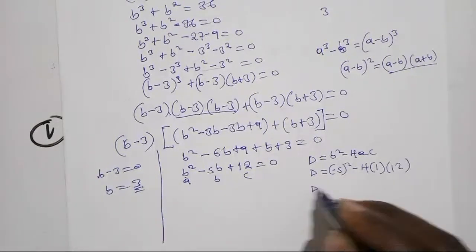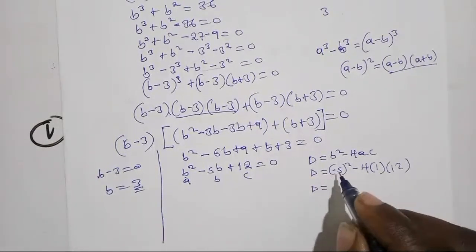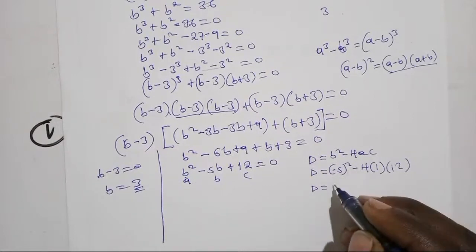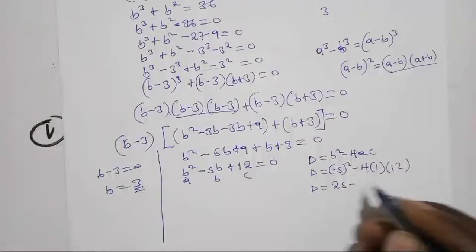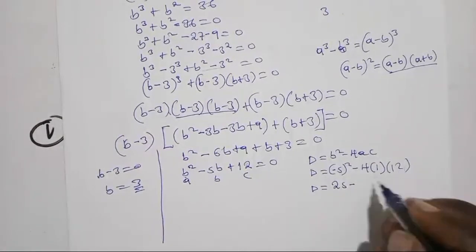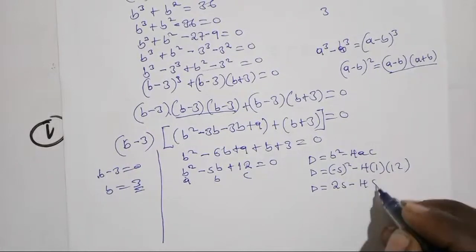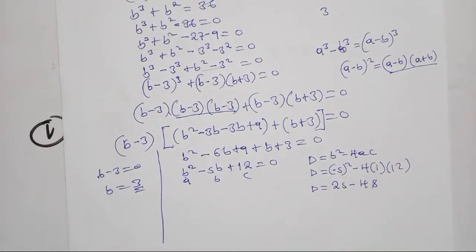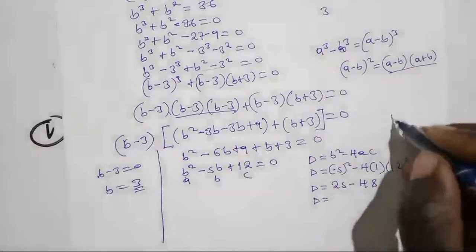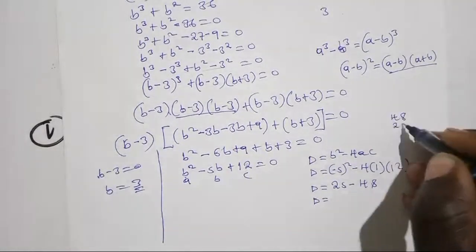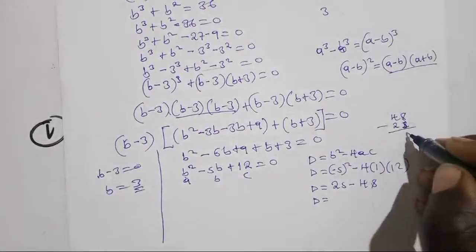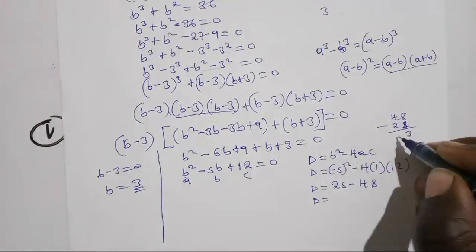In which D will be equal to minus 5 to the power 2, which is 25, minus 4 times 12, which is 48. Then 25 minus 48, we have minus 23.